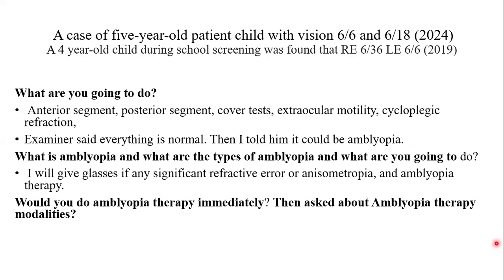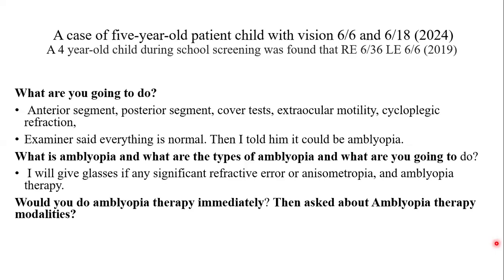Sir, in the PEDIG study, one statement is like that: first give refractive correction, wait for 3 months, and then reassess, and if amblyopia persists, then start amblyopia therapy. I'm not sure of that, sir.